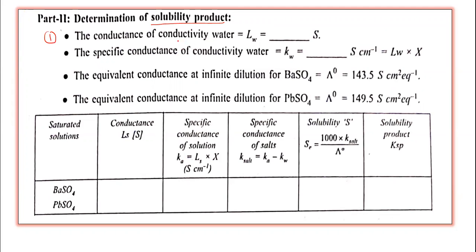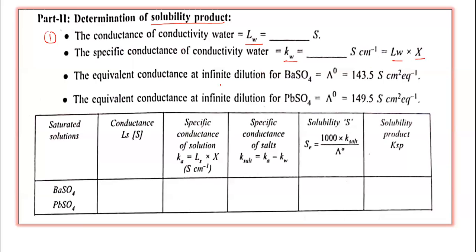We have to measure the conductance of that water also. It is Lw. Then the specific conductance of the conductivity water is denoted by the letter Kw. Specific conductance is equal to conductance multiplied by the cell constant.